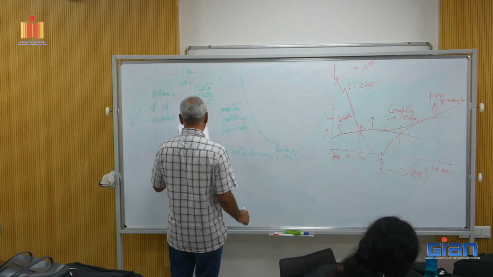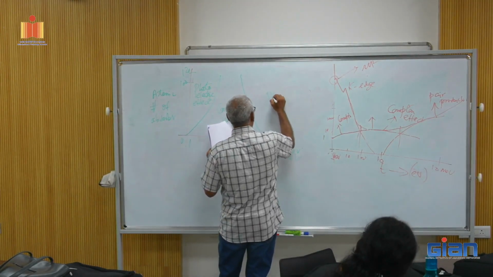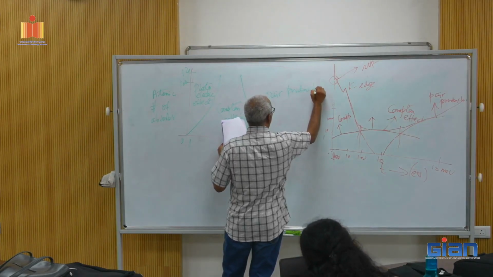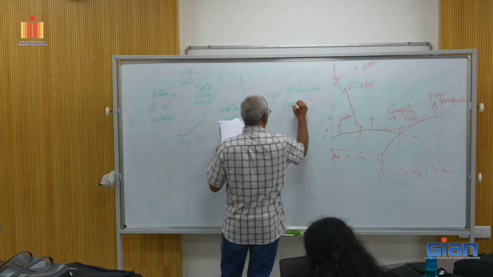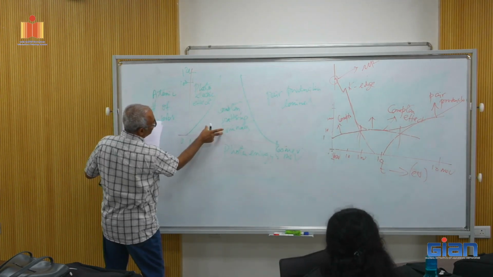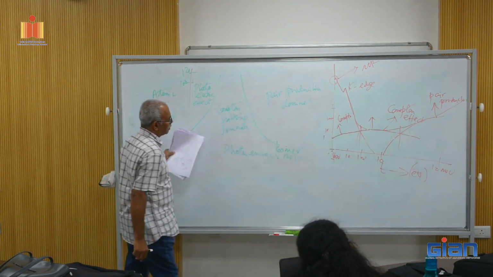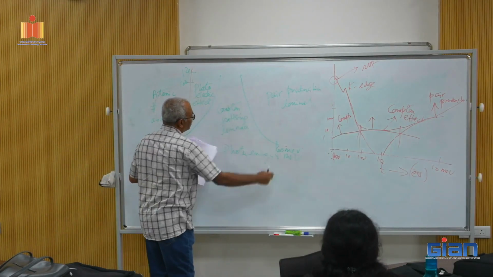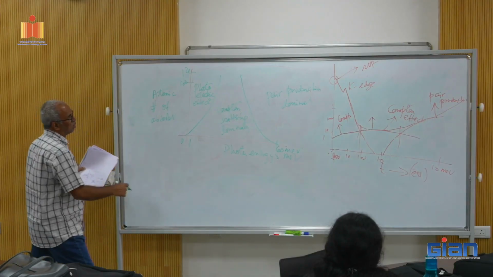Then the last one is basically pair production. So this is the line which separates photoelectric from Compton, and this is the line, it roughly depends on the specific material we have taken as an example, which also separates Compton from pair production.